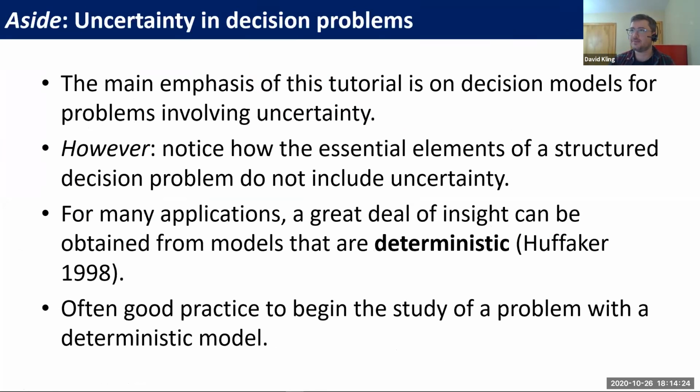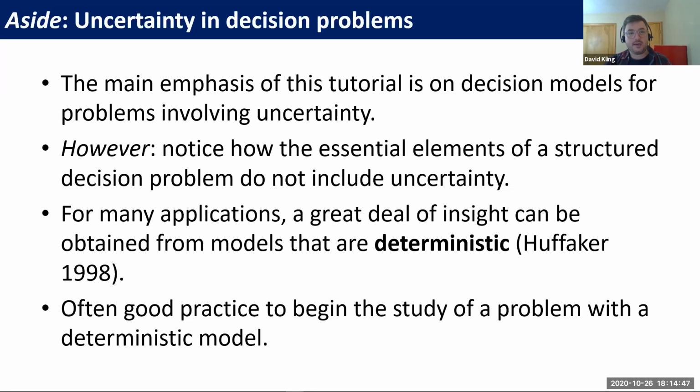Hope that's okay, everybody. The main emphasis of this tutorial is on decision models for problems involving uncertainty. And we're all here because we have a sense that that is important for making good models, and taking it into account leads to good decisions.